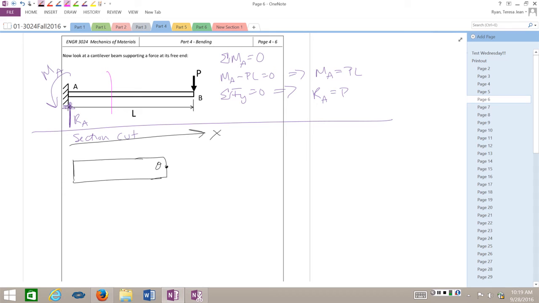We know that we've got my linear support reaction P. We know we've got our moment that is PL. And then we have our internal reactions that are unknowns that we're trying to write equations for, V and M.